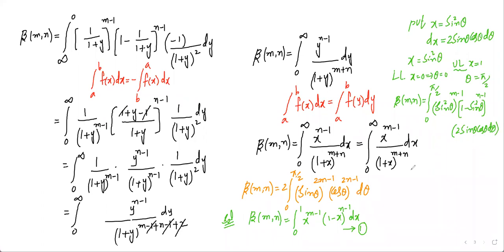Now 2 is a constant, pull it out. Multiplying the powers, we get sin theta to the power of 2m minus 2. 1 minus sin square theta is cos square theta, so we get cos theta whole to the power of 2n minus 2, into 2 already outside, into sin theta into cos theta into d theta.